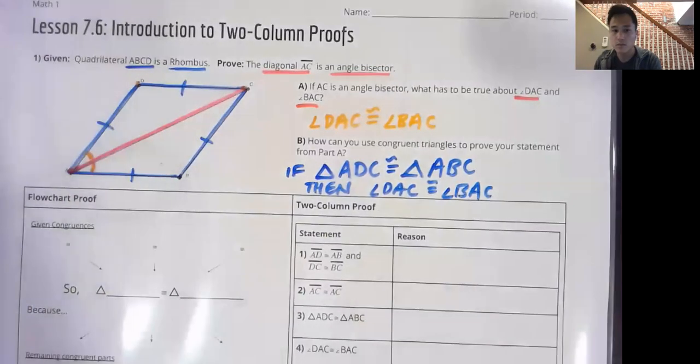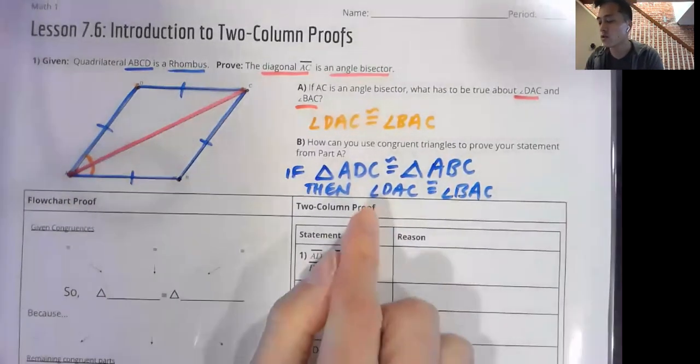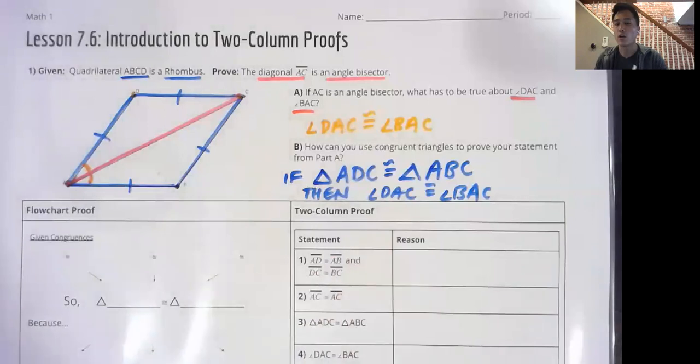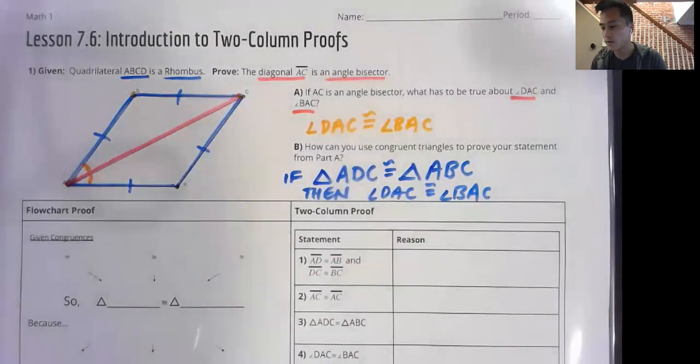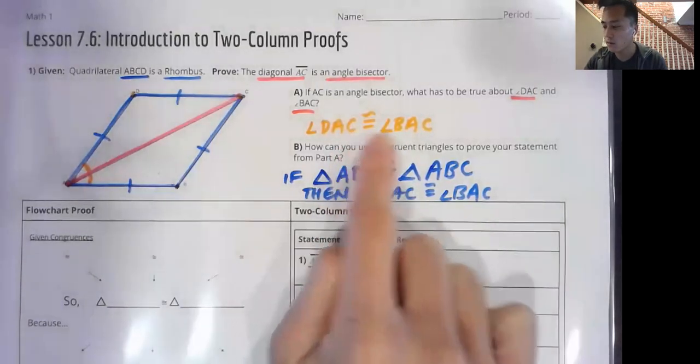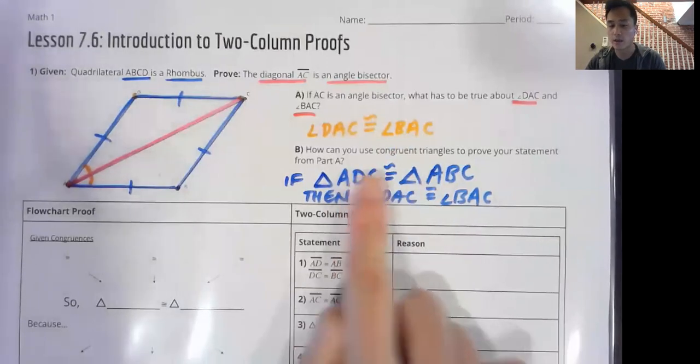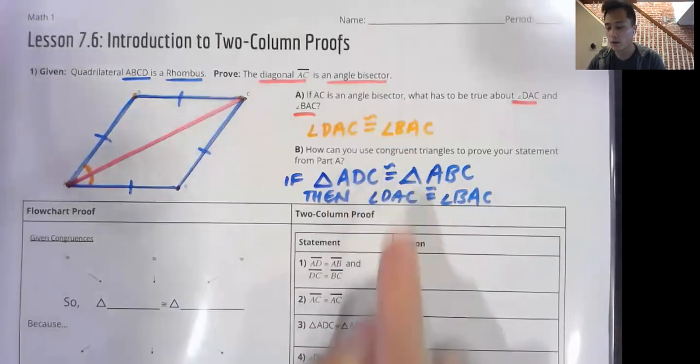So now that we've answered these two questions, we know our goal and how we're going to get there. This is our goal, and this is how we're going to get there, by proving those two triangles are congruent.